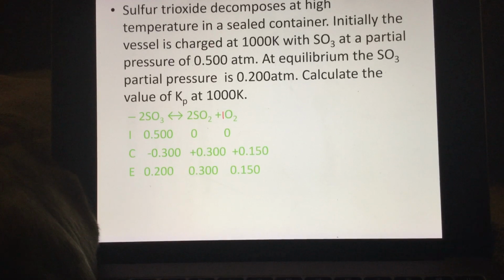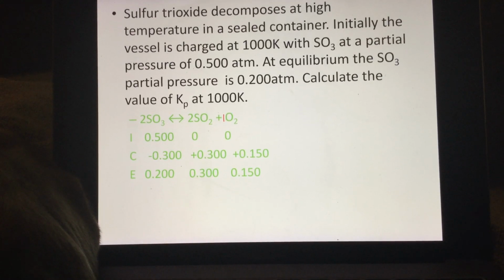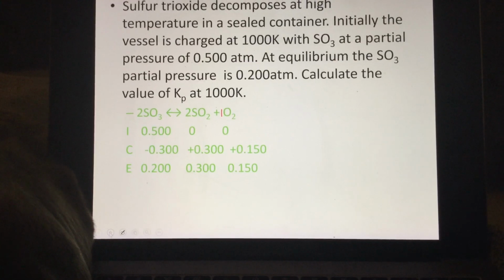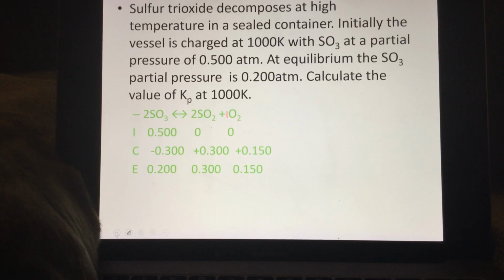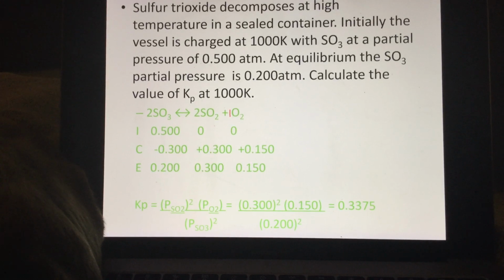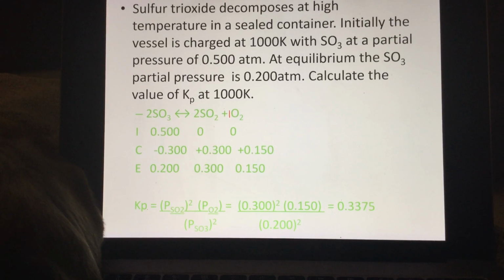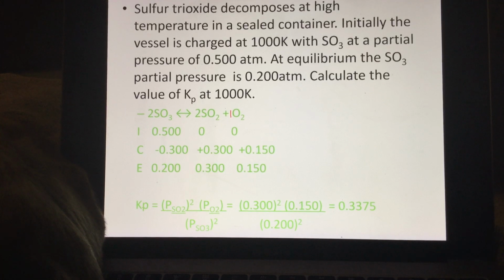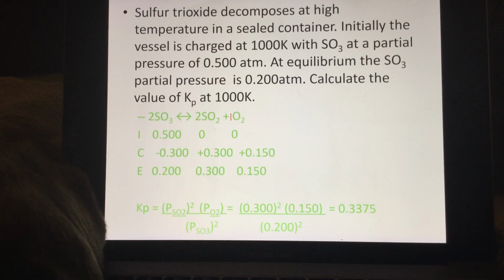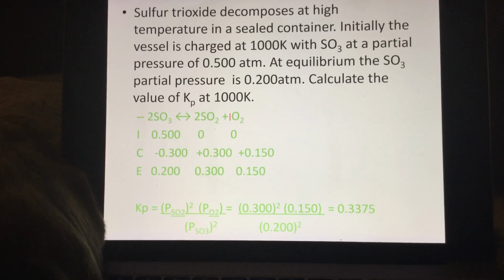So now that we've determined what the equilibrium pressures are of all of our substances, we can finally plug some numbers into those equilibrium expressions we've been writing. Since we're dealing with pressures, we have Kp, and again we do the products raised to their coefficients over the reactants.